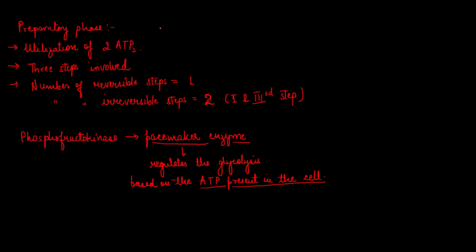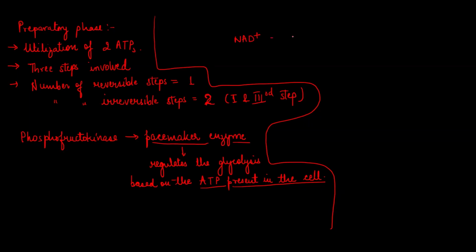Now, before moving to the next phase, that is the payoff phase, let's see one important thing. We know that there is a coenzyme known as NAD plus. When this NAD plus is getting converted into NADH, what will this reaction be called?